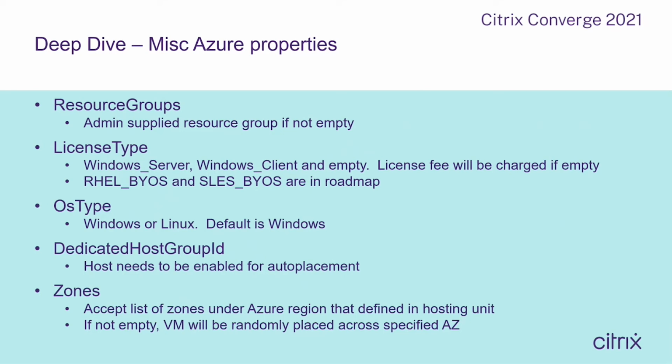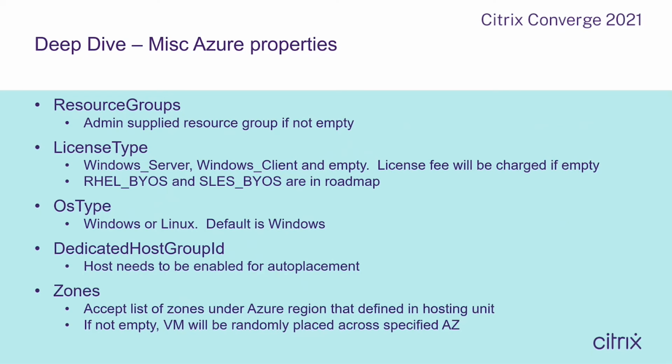There's also license type: Windows Server, Windows Client, and empty. Please be aware that a license fee will be charged if it's empty. If it's set to Windows Client, if it's desktop, there will be no license charge. If you set Windows Server, it means you bring your own license, your Windows Server BYO license, then there will not be a license charge.